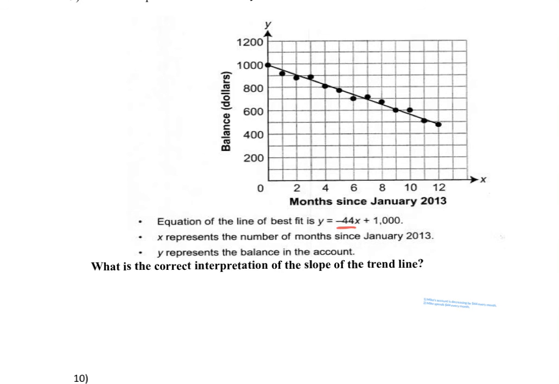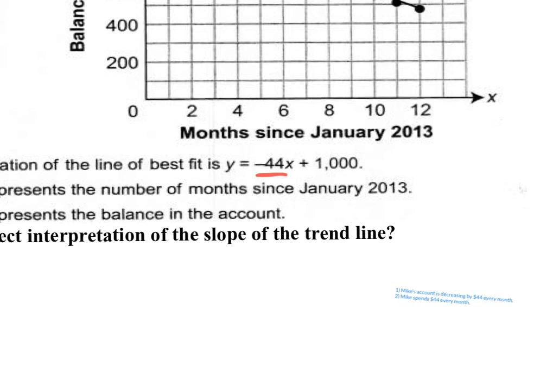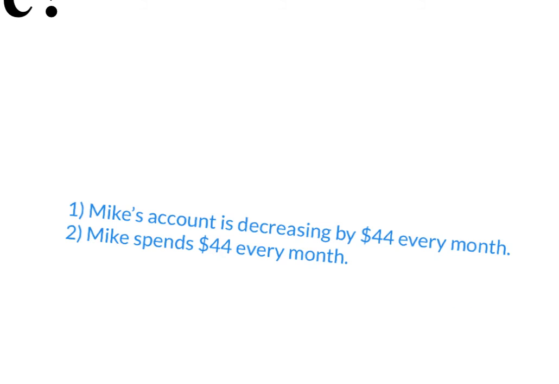So I came up with a couple of interpretations here. The first one: Mike's account is decreasing by $44 every month.